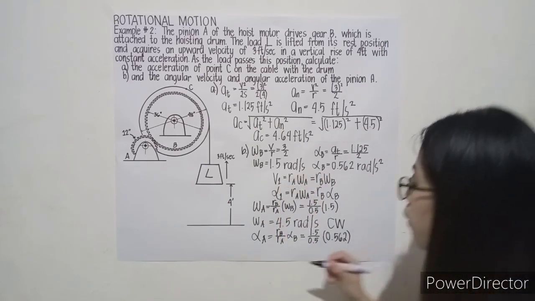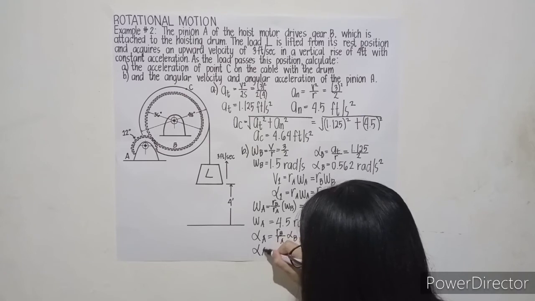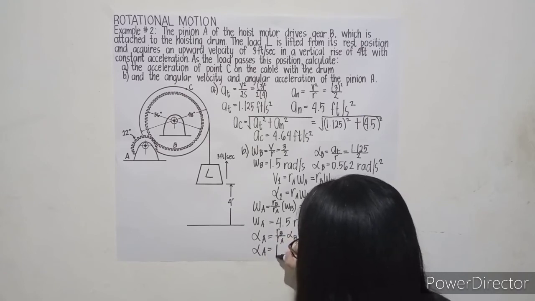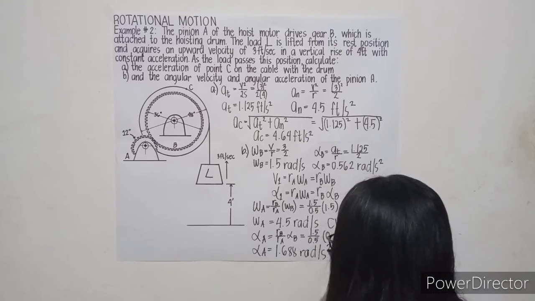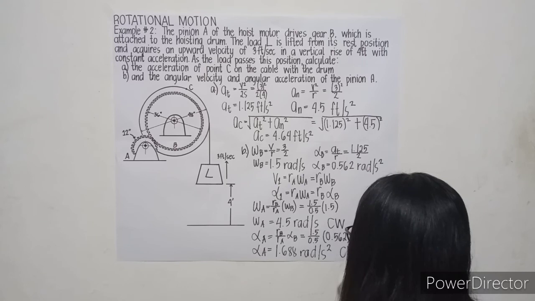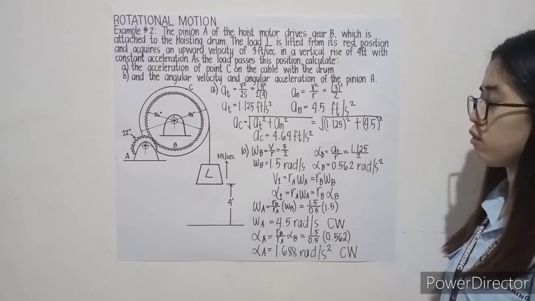Therefore, our angular acceleration at point A is equal to 1.688 rad per second squared, counterclockwise. So this is the answer for letter B.